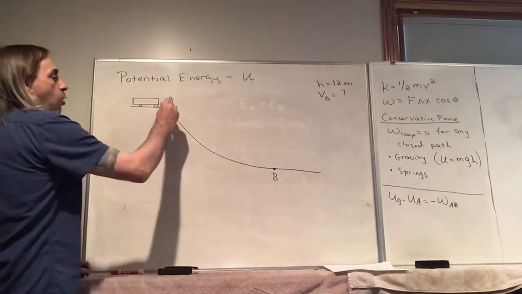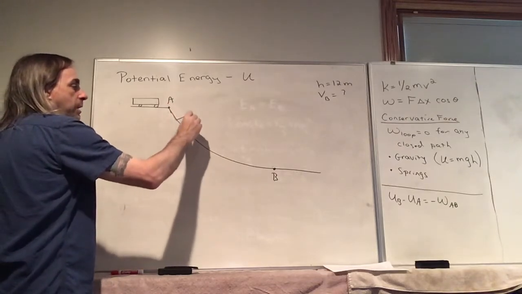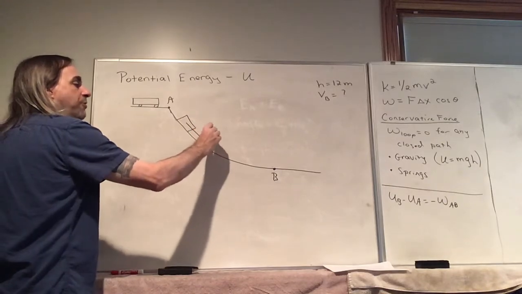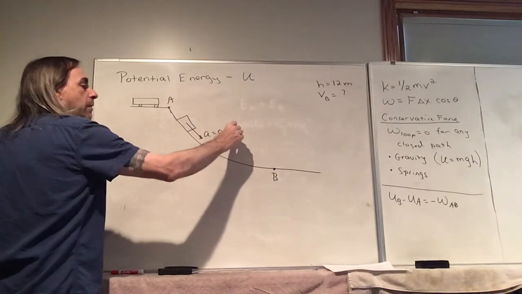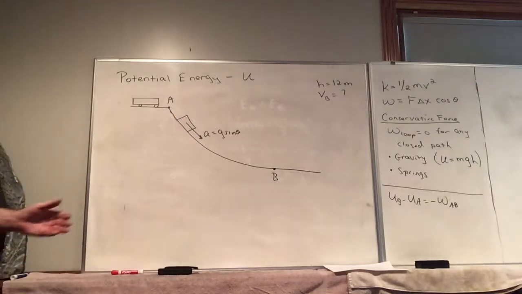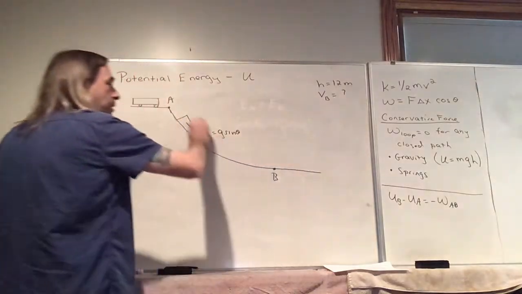Technically, if you know the shape of this curve, like if we look at the cart at some point on the curve, remember the acceleration is g sine of theta, where theta is the angle of incline, but we can see that that's changing as it's going down the incline.